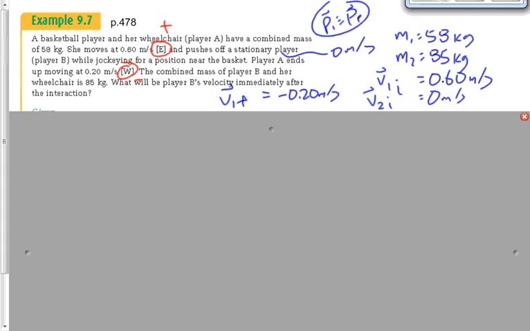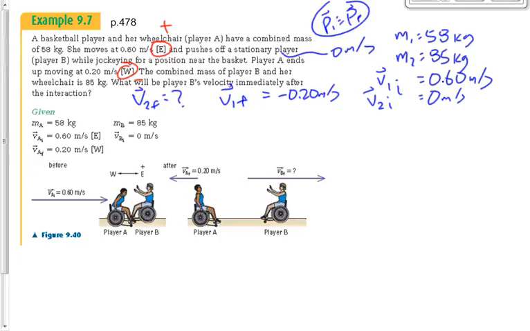After the interaction, we're going to call that V2F, right? V2F. Now, I covered up this stuff down here because I copied out too much when I copied it from that slide here.